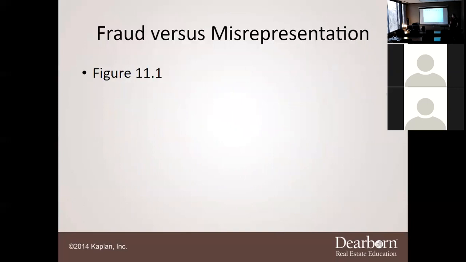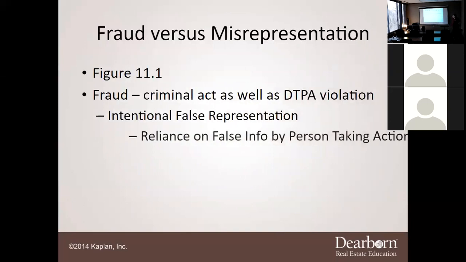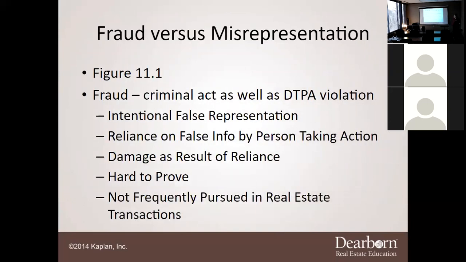So the key thing we want to talk about is what exactly this thing we call fraud is. Fraud is a criminal act as well as a DTPA violation. So fraud can be either a crime or a DTPA violation.